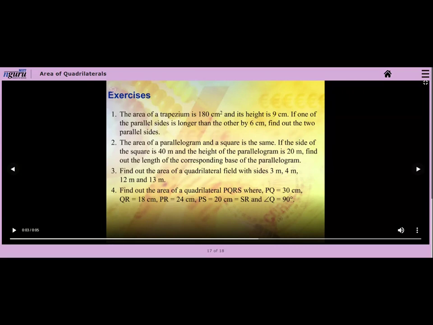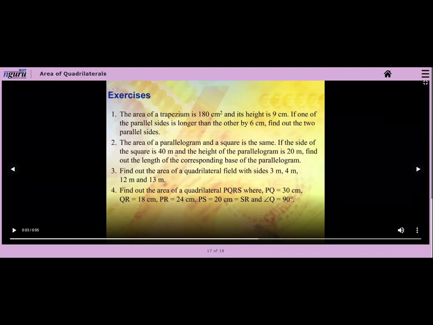We'll take it as homework. Okay. Now here area is given, height is given. One of the parallel sides is longer than the other by 6. So you can keep one as x and the other one as x plus 6. Correct? Half into x into x plus 6 is 180. Then find the value of x.